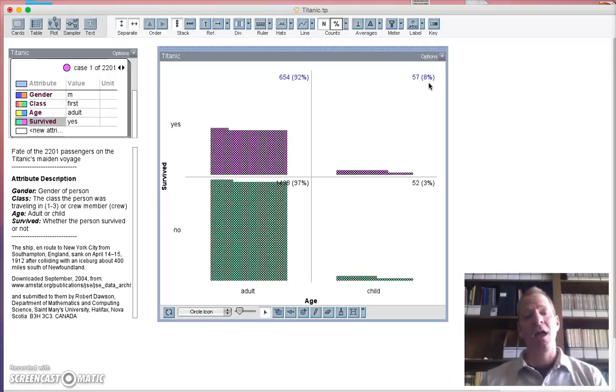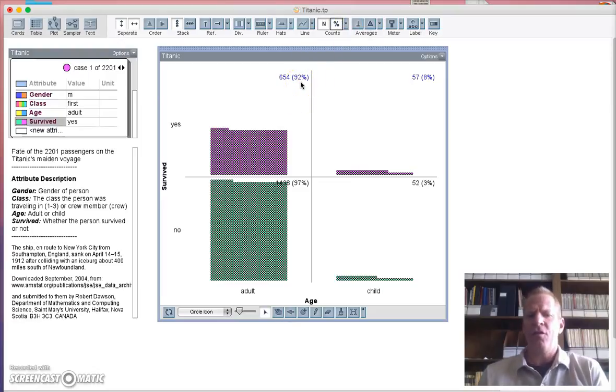But again, we're not reading this very carefully, because this is not 92% of the adults survived. That doesn't even make sense, because, remember, let me get rid of the percents for a second so you can see the number better, this is 654 out of a total of 2,092, and 654 out of 2,092 is not 92%.